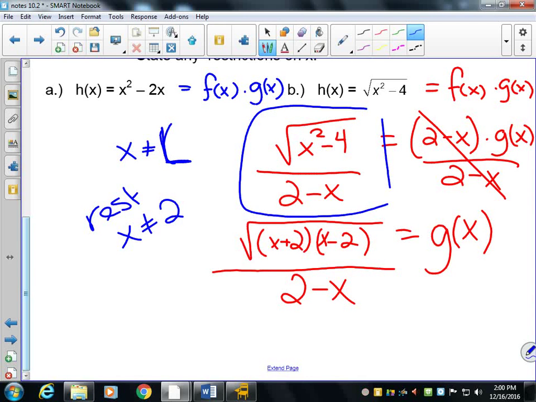No, because we can take the square root of 0. So x cannot equal anything in between negative 2 and 2, right? Because any of those numbers will make it a negative underneath the square root side, okay? But x cannot equal 2, so then we should include this as a square bracket, right?